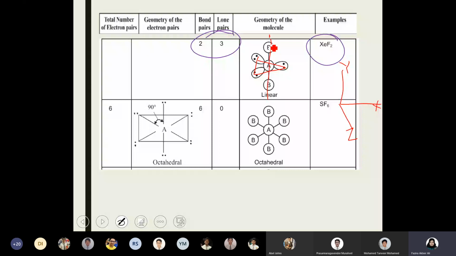This is the axial position because that is the only one going through the axis. The other three can be called equatorial positions. Yes, ma'am, got it.